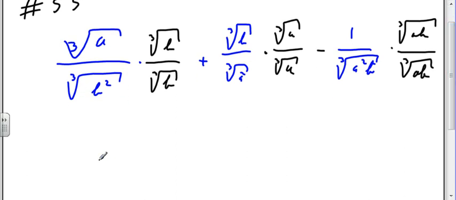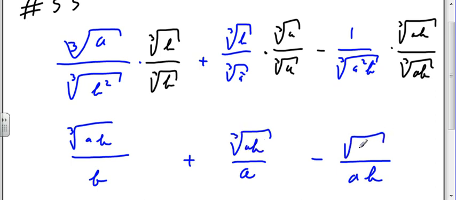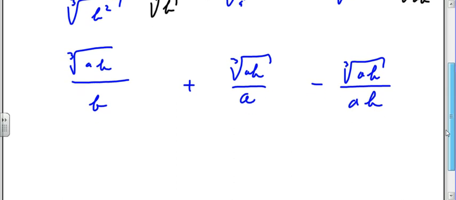And on the bottom I got a B, and on the bottom I've got an A, and on the bottom I've got an AB. So that looks good. And on the top I've got cube root of AB, I got cube root of AB, and I've got cube root of AB. Okay, well, that looks good.